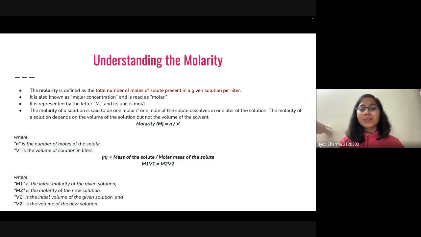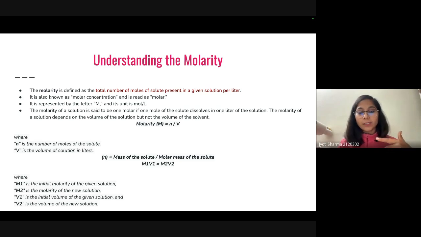Molarity is the total number of moles of solute, just keep in mind, solute, divided by the given volume of your solution, and that volume will be in liters. You represent it by capital M, and the unit is mole per liter. Here n is the number of moles of the solute, divided by the volume of the solution.